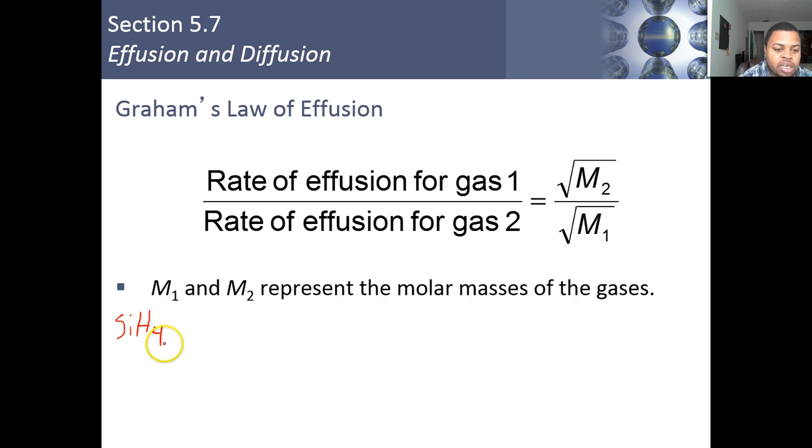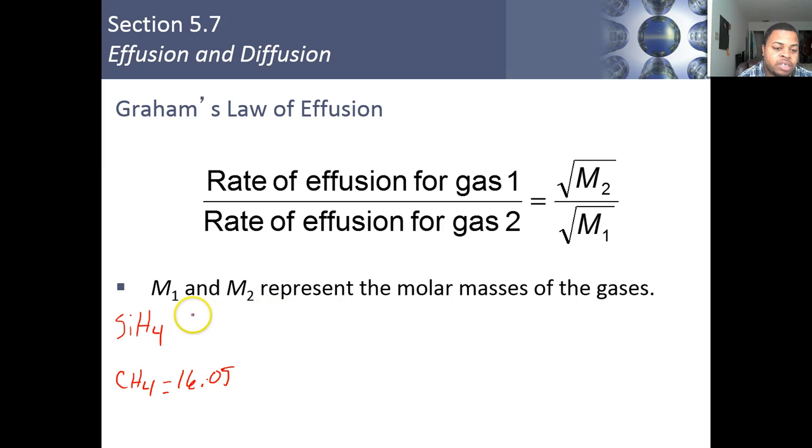silicon tetrahydride versus methane, which is CH4. Methane has a mass of 12.01 plus 4.04, that'll give us 16.05. And for silicon tetrahydride, we still have the 4.04, but then we have 28.09.